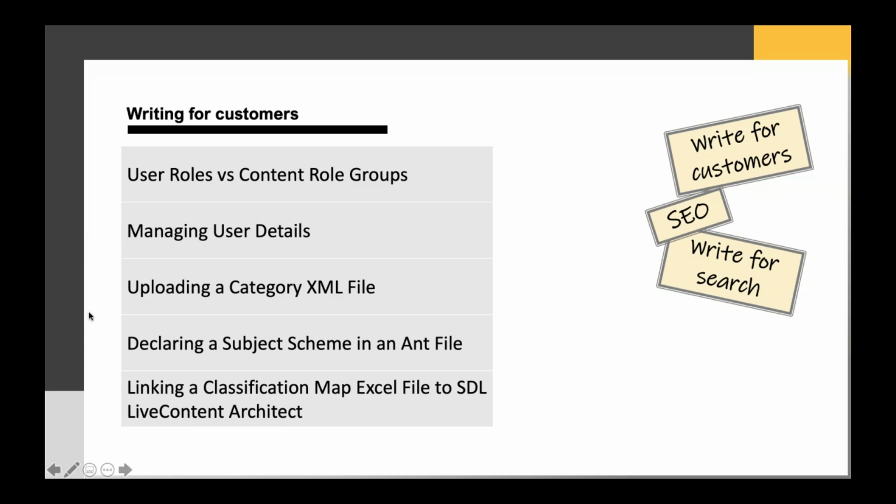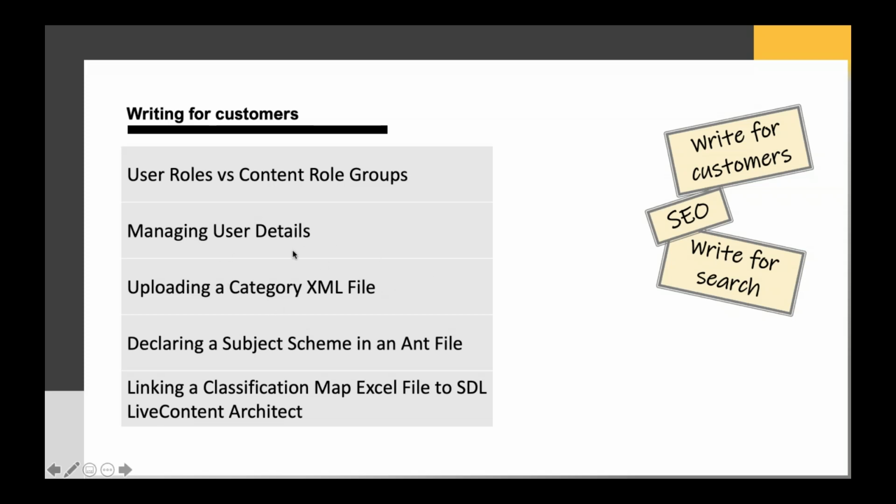Or here's another one, uploading a category XML file. Okay, so once again, we're using jargon, okay, that is known inside Zoomin and is something that you would understand if you already knew details of the product, but of course a customer isn't thinking in terms of category XML files at all.